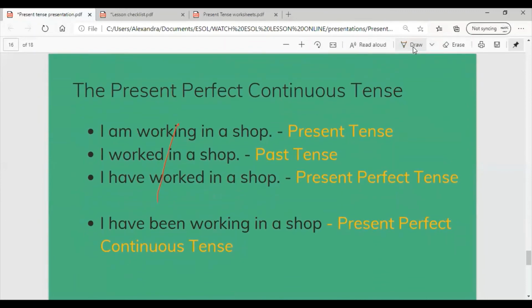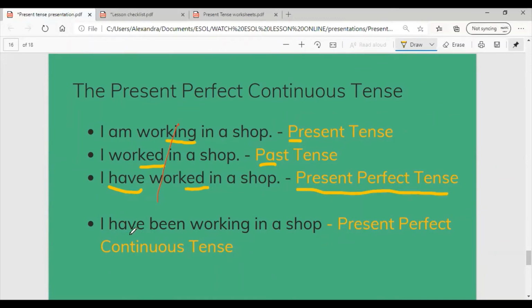So now if we look at that in some example sentences, you'll be able to see that "I am working in a shop" is our present tense. "I worked in a shop" is our past tense. "I have worked in a shop" is our present perfect tense. And "I have been working in a shop" is our present perfect continuous tense.